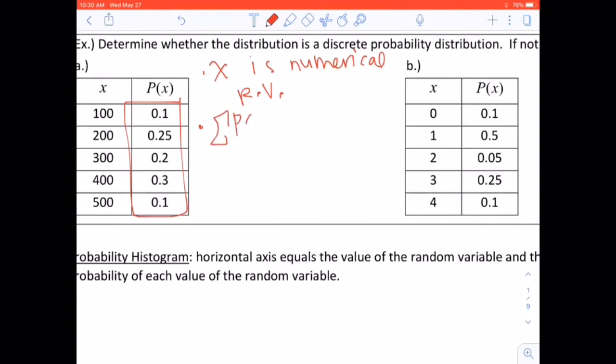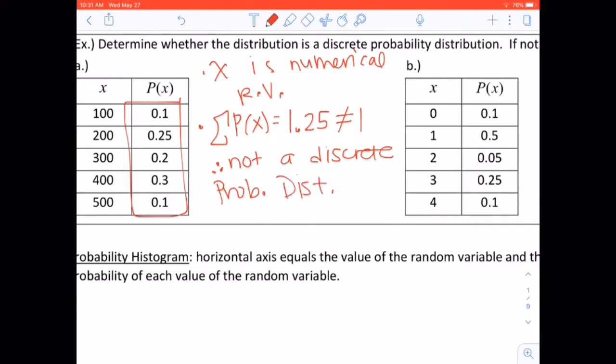Take a second and try to see if that equals 1. When you add these up, you get 1.25, which is not equal to 1. So therefore, I'll put 3 dots, which stands for therefore, this is not a discrete probability distribution.